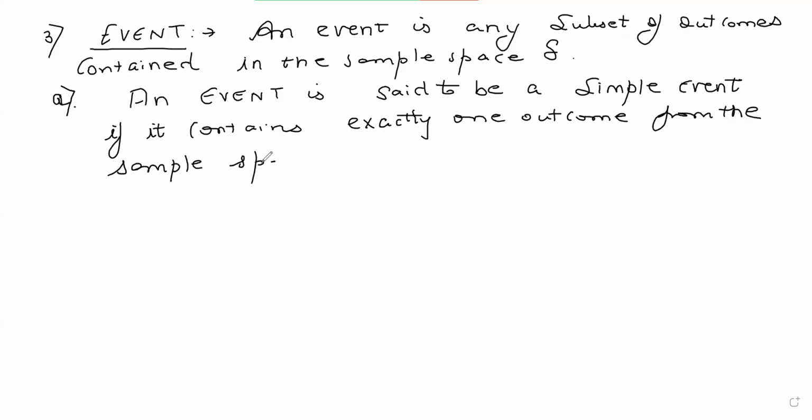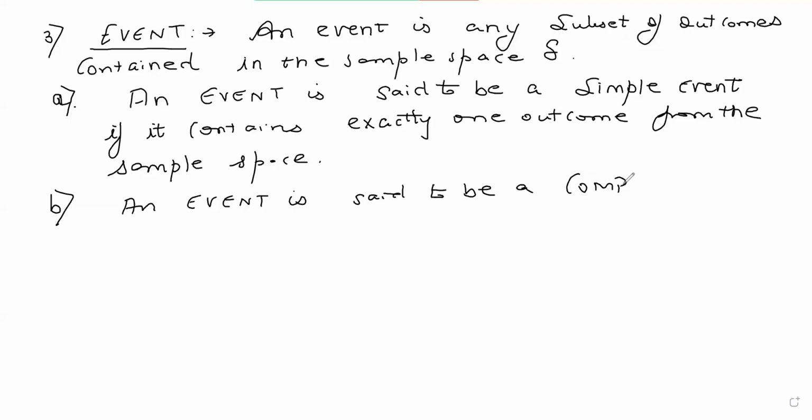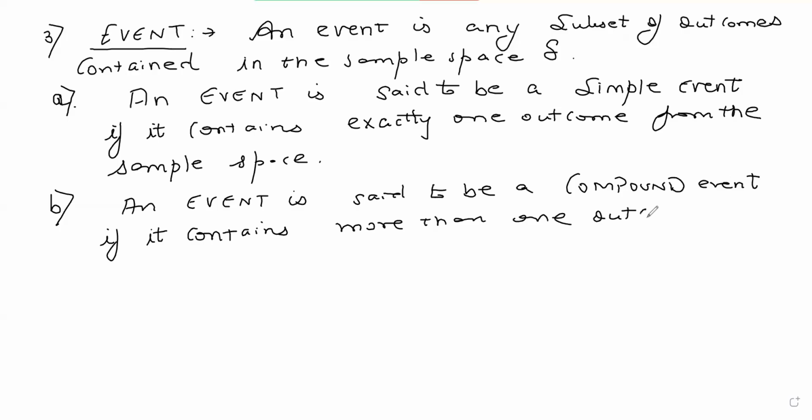And I can write, an event is said to be a compound event if it contains more than one outcome from the sample space delta.